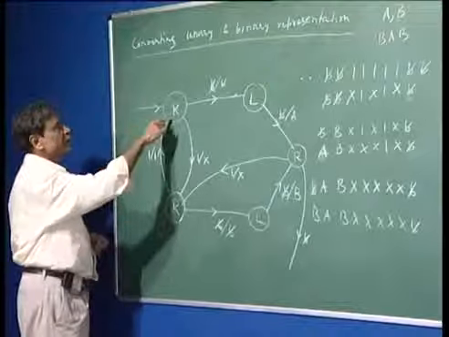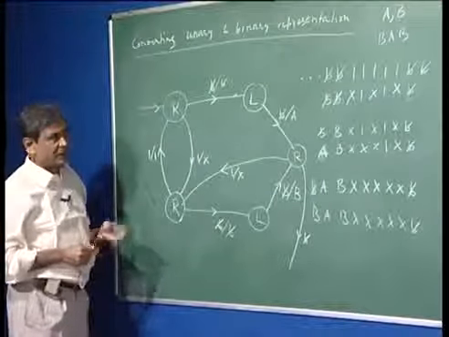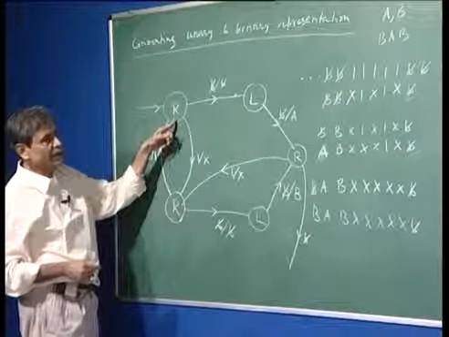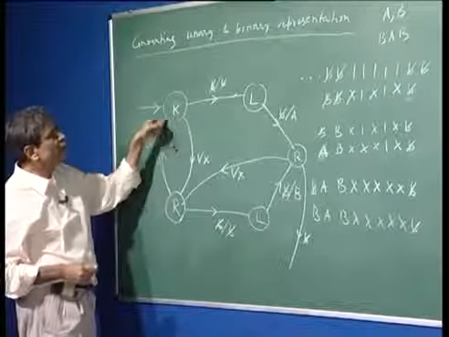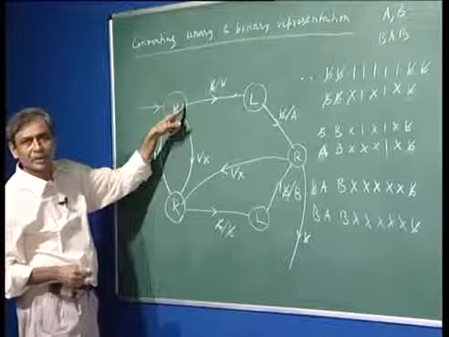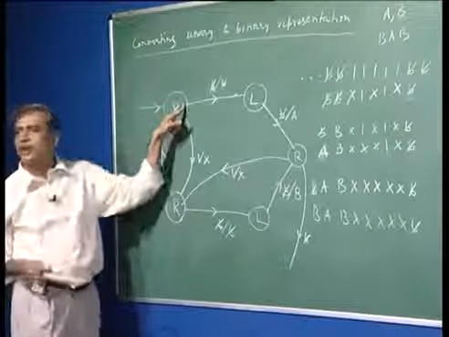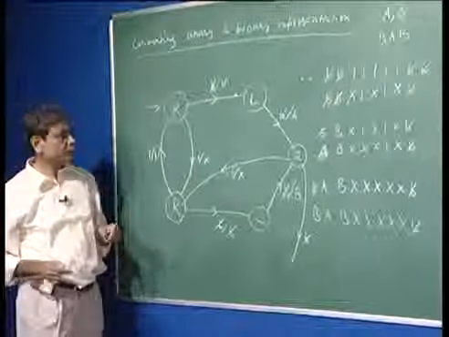So, for example, in this state if you see an x, what does it mean? It means the machine remains here and moves to the right. That is the convention we have made use of.